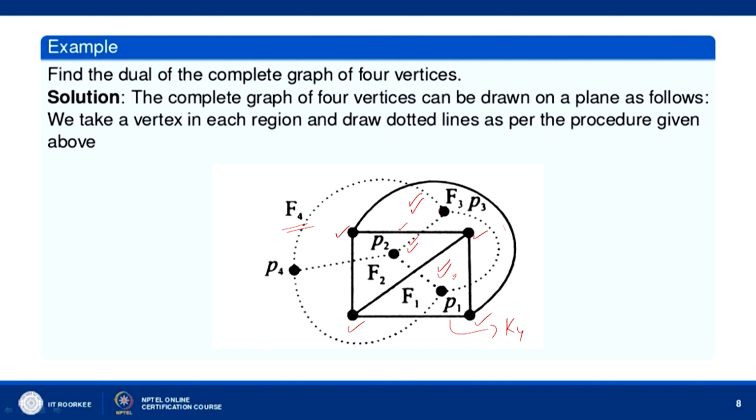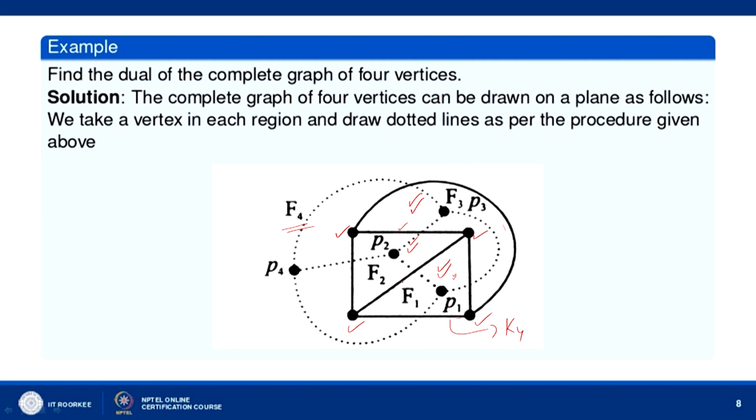P4 is joined to P2 because this edge is common between F4 and F2, and this edge is common between F4 and F1, so we join P4 to P1. So, the solid lines graph is the given graph and the dotted lines graph is the dual graph.